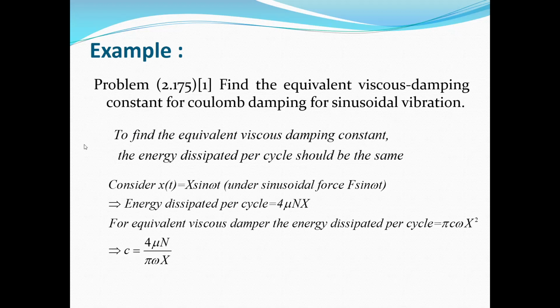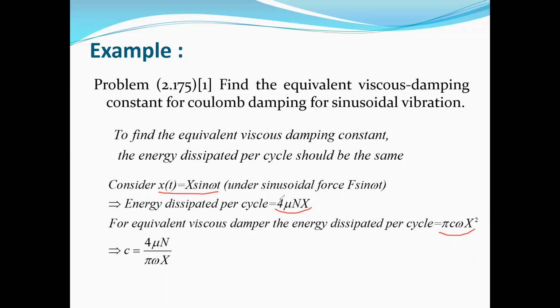From the previous chapter, we know that if we assume that the displacement is a harmonic function, such as x(t) equal to uppercase X times sine omega t, where omega is the frequency of the excitation, then the energy dissipated in each cycle is equal to 4 times mu times N times X. Also, for a viscous damped system, the energy dissipated in each cycle is pi times c times omega times X squared, again with the same displacement function.